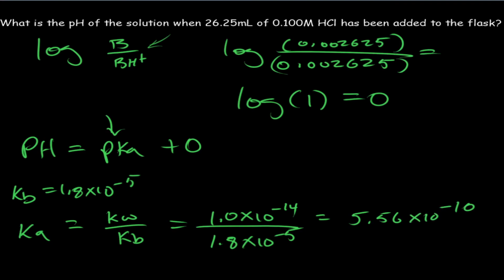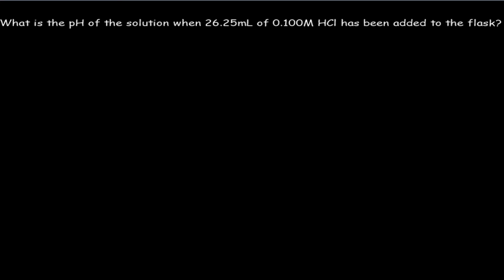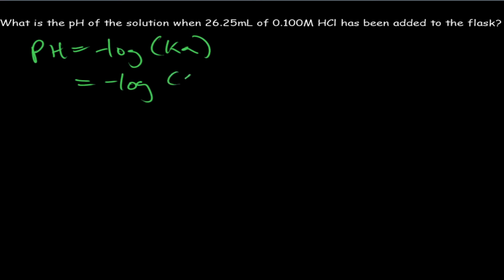So our pH will equal the negative log of our Ka, because the negative log of the Ka would be our pKa. So the negative log of 5.56 times 10 to the negative 10 will give us a pH of 9.26.